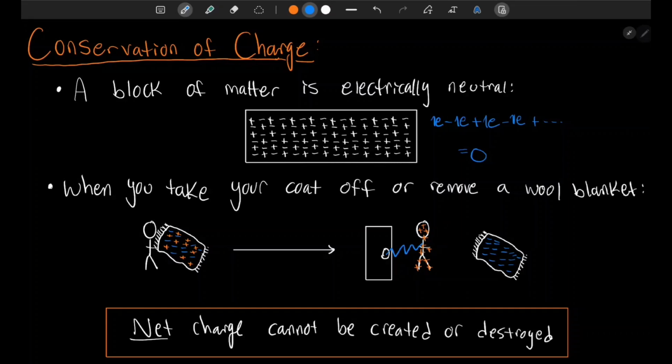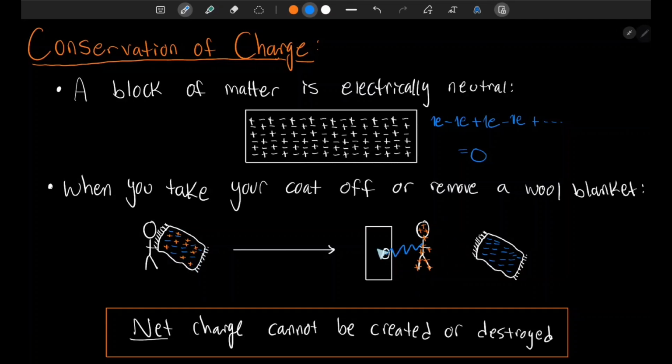The reason is that when there's friction between you and the blanket, some electrons from your body move to the blanket. So you are left with all of these positive charges. Your body, which was electrically neutral before, has an excess amount of plus signs, and nature would prefer for you to be electrically neutral.